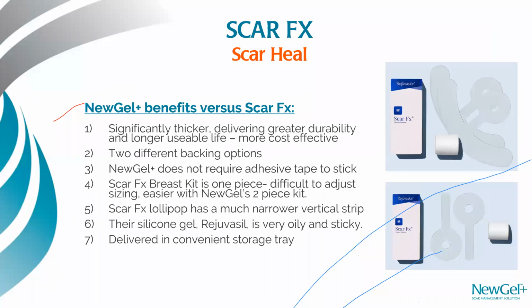That's why all of our long strips, especially our tummy tuck strips, are 2 inches wide. Our C-section strips are 2 inches wide, because to stay on and adhere securely, you need that extra on each side of the scar, especially where it's rubbing against clothes and things like that. So some people may think smaller is better, but it does not necessarily stick as well when you don't have as much surface area for it to adhere to.